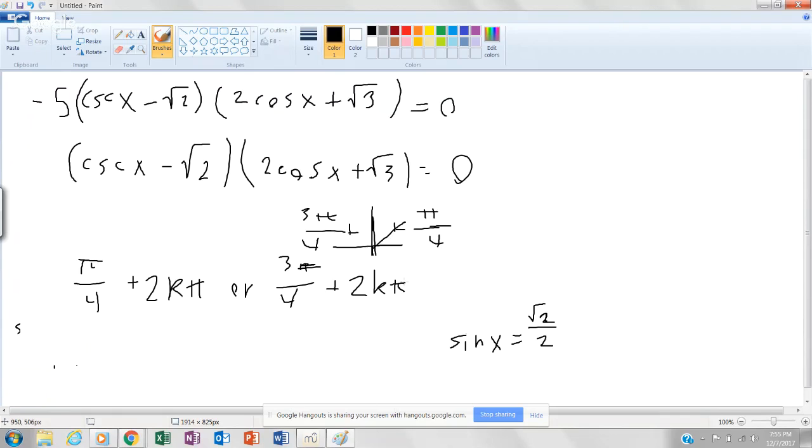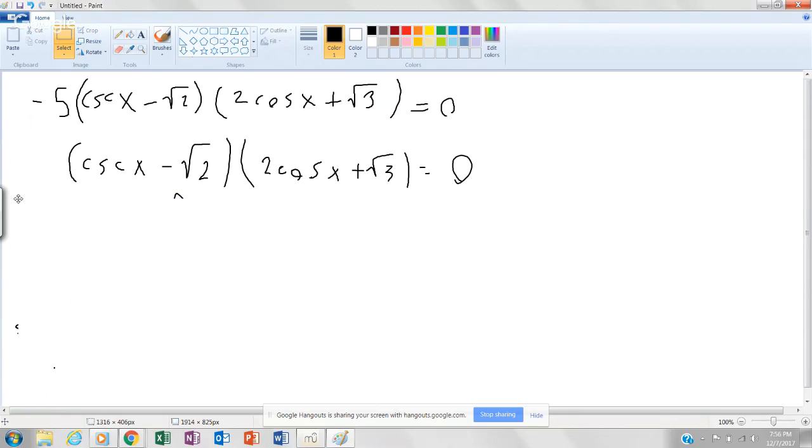And that's this one right here. For the first one, we end up with pi over 4 and 3 pi over 4.